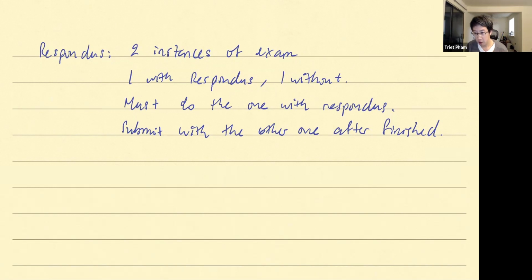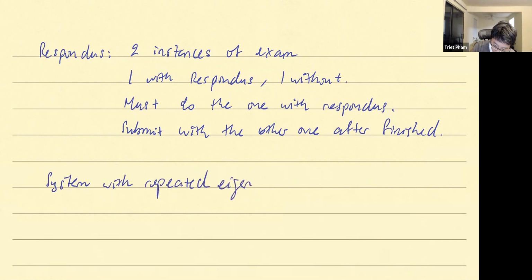All right, so finally I can start discussing math. So we were still discussing systems with repeated eigenvalues.